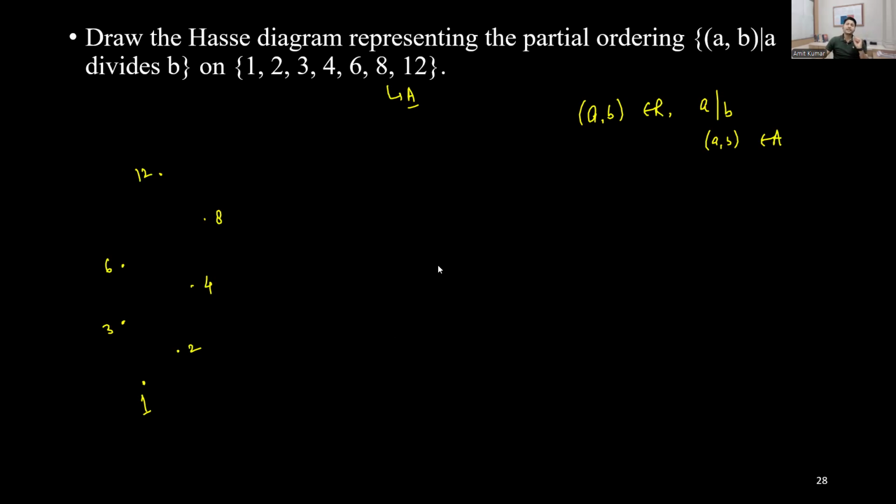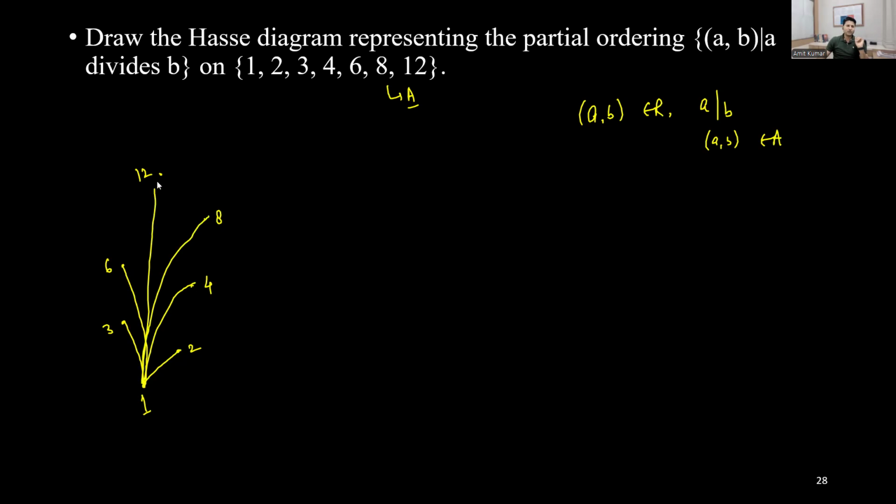Understood? Now, the operation is divisibility. As we know, divisibility means (A, B) belongs to R if A divides B. So 1 divides 2, yes, connect 1 to 2. 1 divides 3, yes. 1 divides 6, yes. 1 divides 4, yes. 1 divides 8, yes.